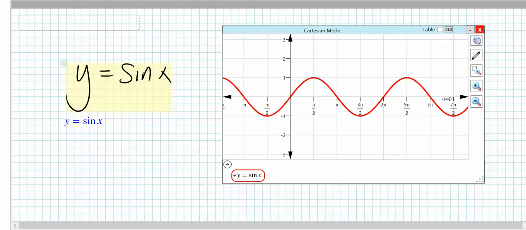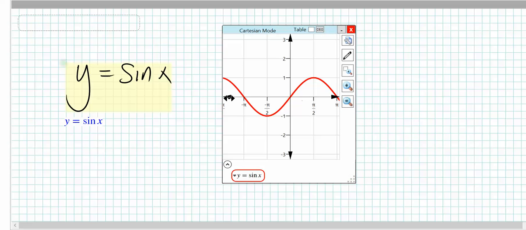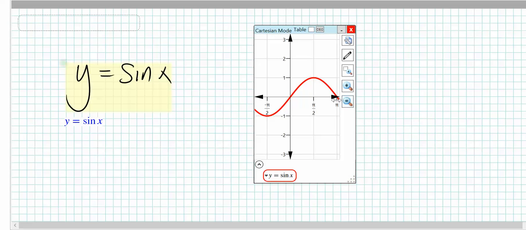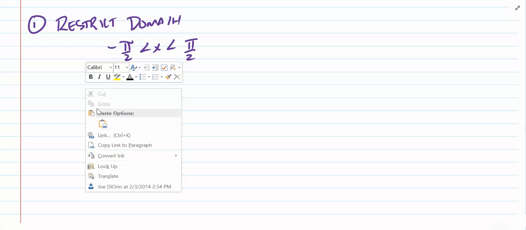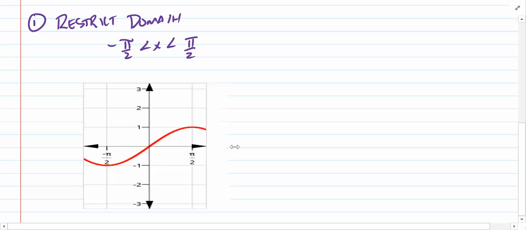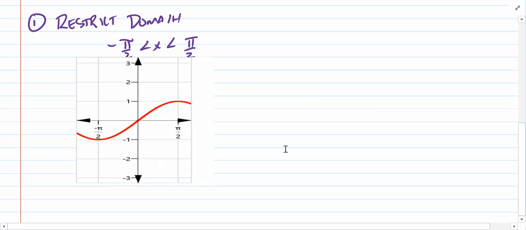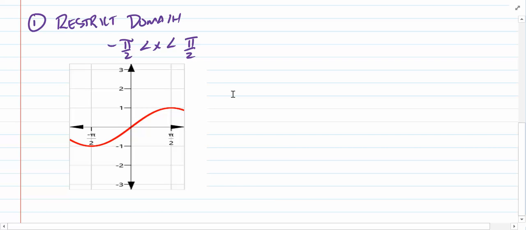So it would look something like this. I'm just saying restrict the domain to give you this right here. If we just go from here to here, on negative pi over 2 to positive pi over 2, and we forget about everything else, okay?